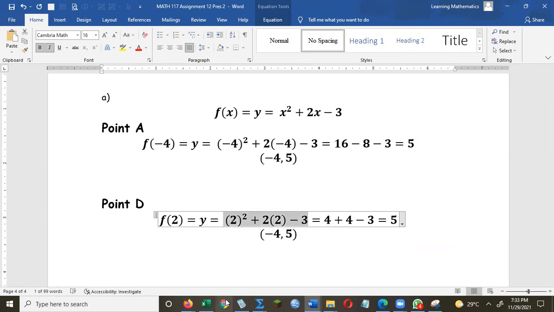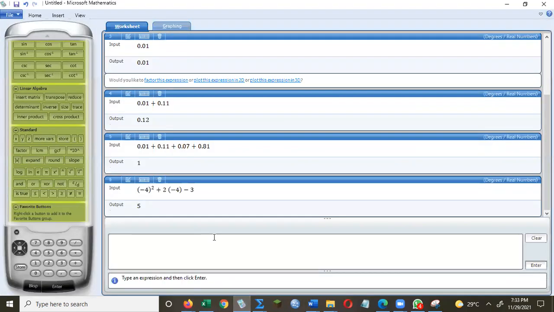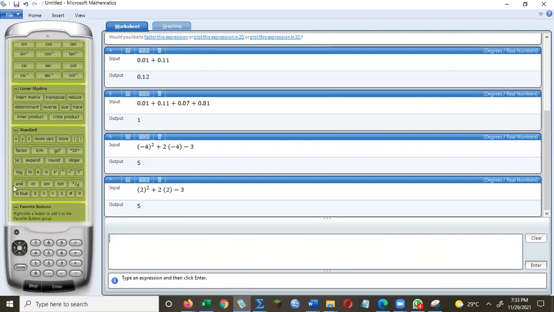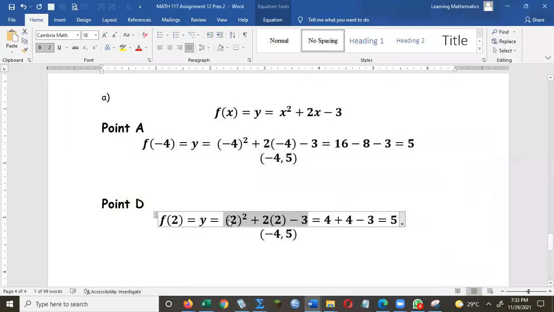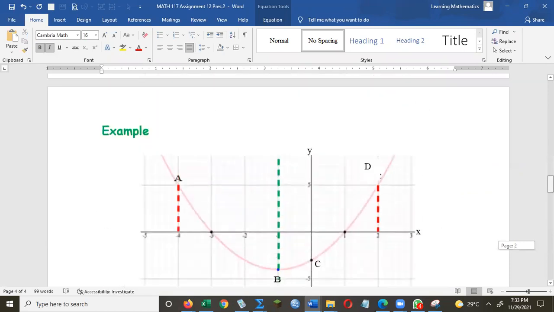And you can prove it in your calculator. As we suspected, we're getting 5 again. When we substitute x equals 2 into the function, we get back 5 again. So the point D now is 2, 5.